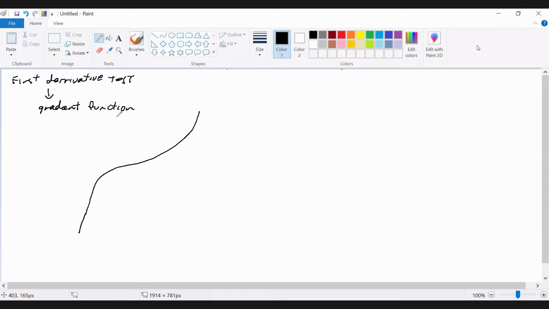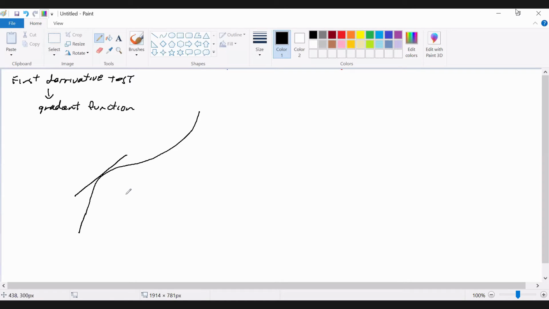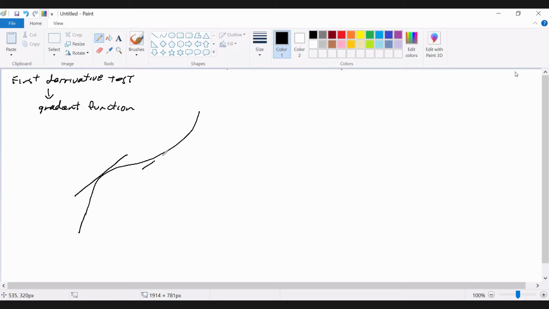With the gradient function, you now have a basis for the gradient of a tangent. You can have a tangent over here or a tangent over there.